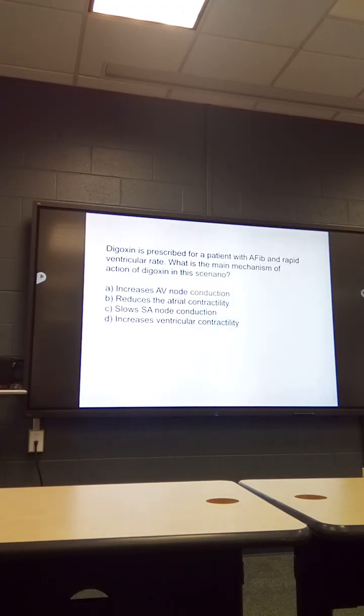No, I think it's B. Does it reduce atrial contractility, or does it slow the SA node conduction? If it slows the rate down, what's happening to the conduction of the heart? It's C. It slows the SA node conduction.